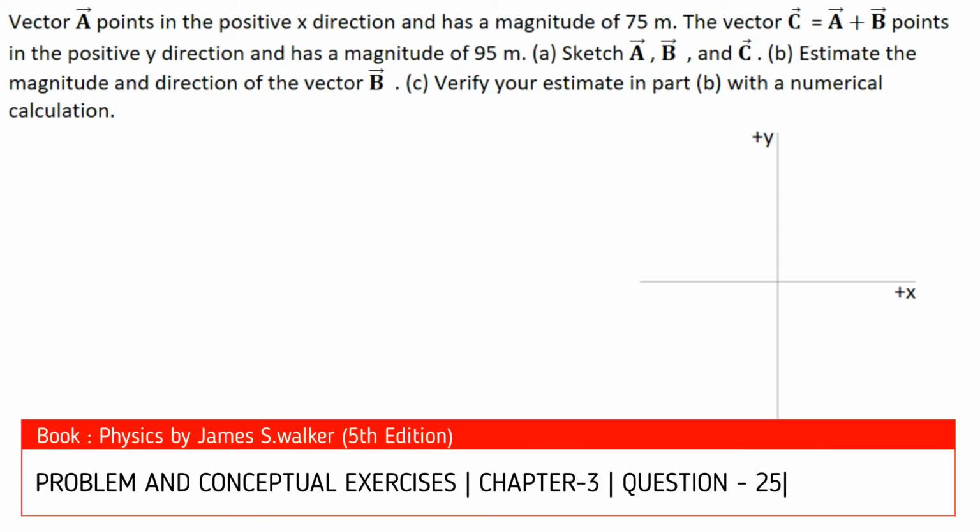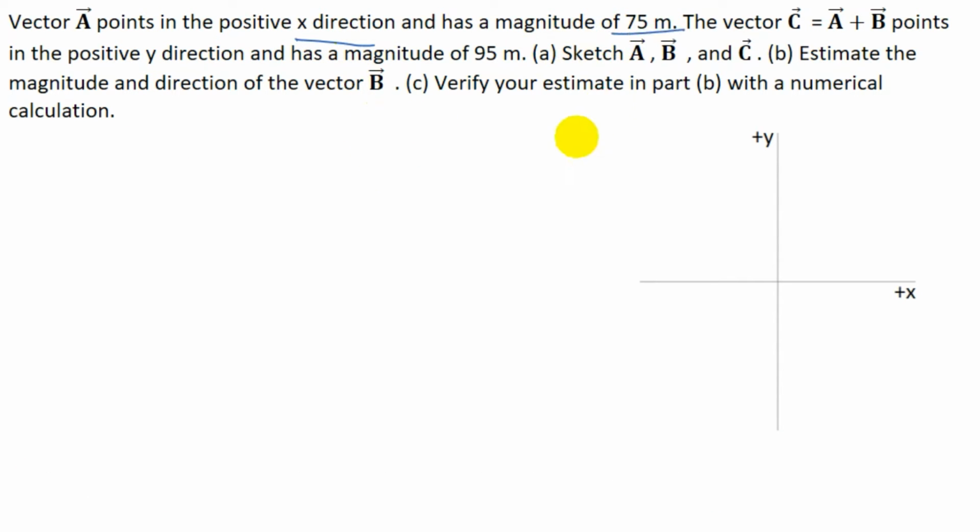So here in this question we are given that vector A points along the positive x direction and it has a magnitude of 75 meters. So let's draw this vector. This is the vector A and the magnitude of vector A is 75 meters.